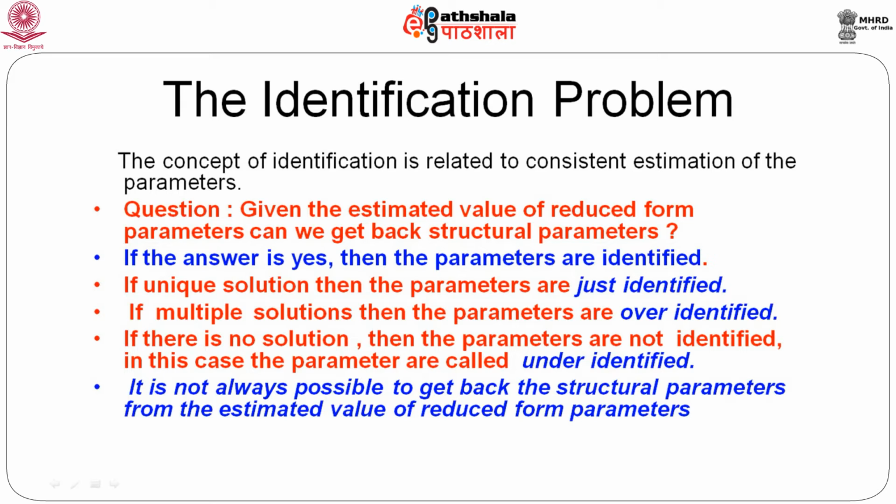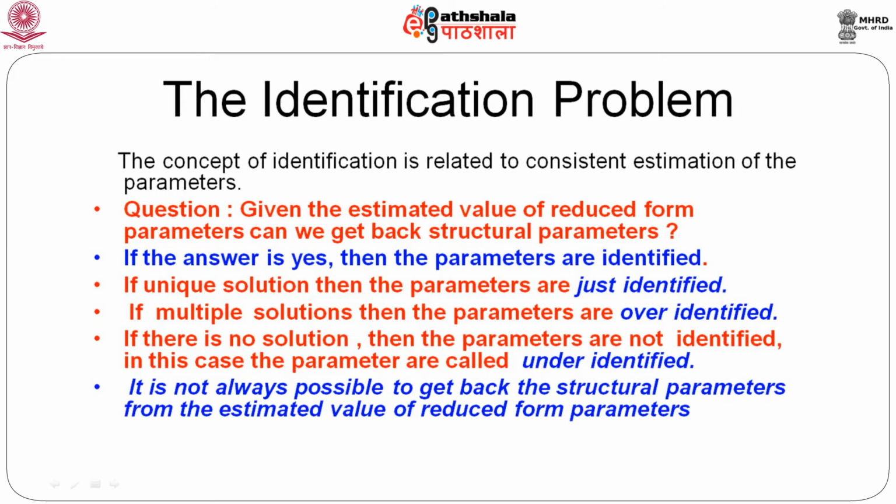If the answer is yes, then we say that the parameters are identified, and if we have a unique solution, then the parameters are just identified, and if you have multiple solutions, then you have the case of over identification. If you do not have any solution, then the parameters are not identified, and in this case we say that the parameters are under identified.